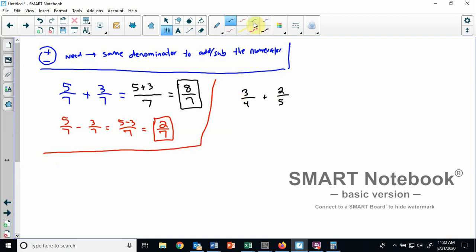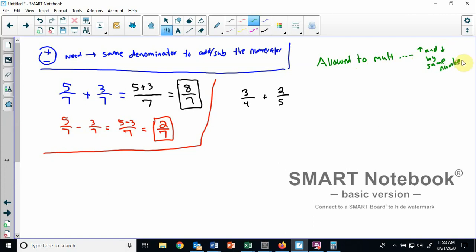The way that we're able to change these values is we are allowed to multiply by anything that our little heart desires, as long as we do it on the top and the bottom by that same number.